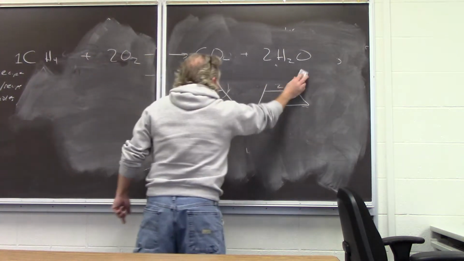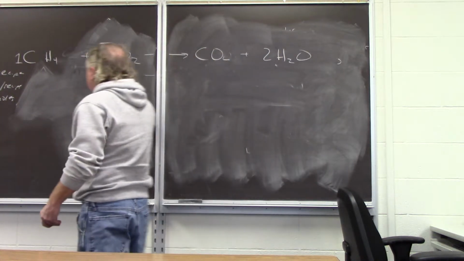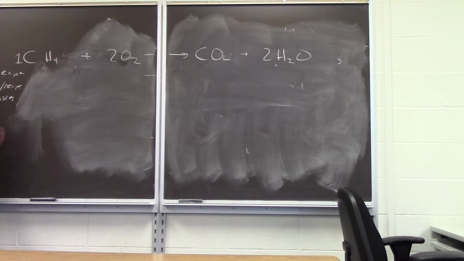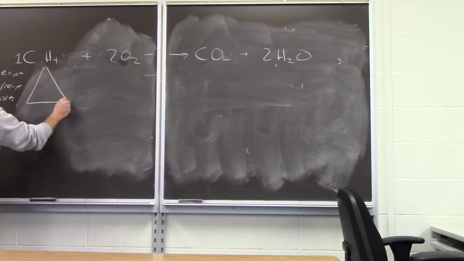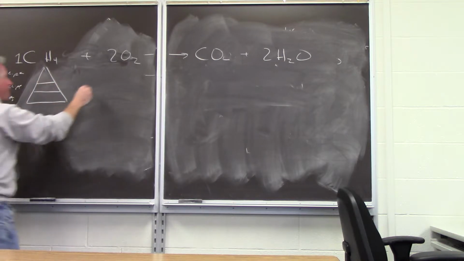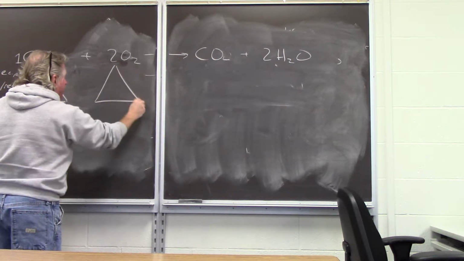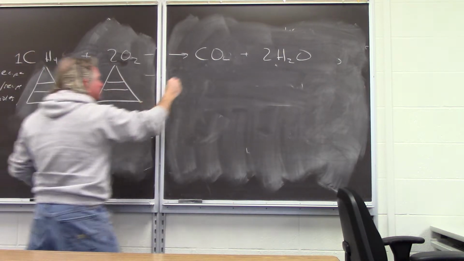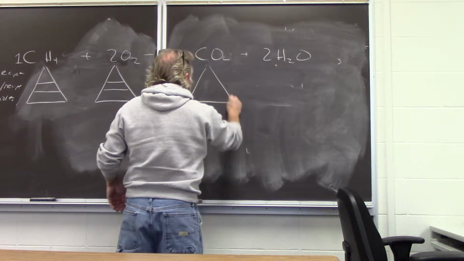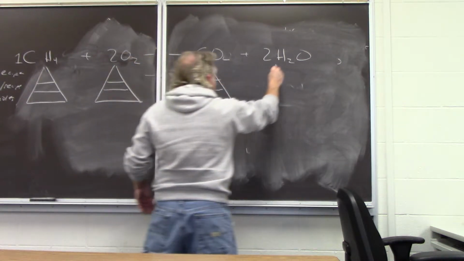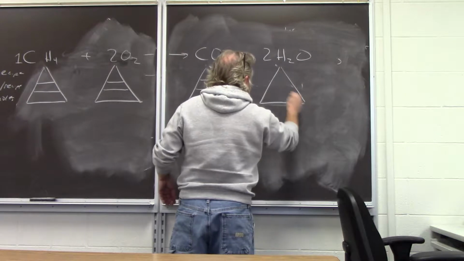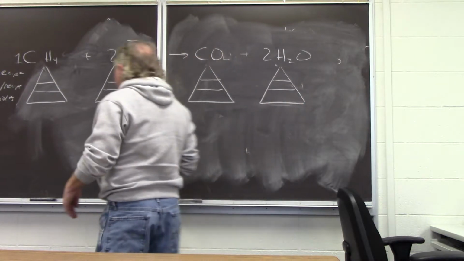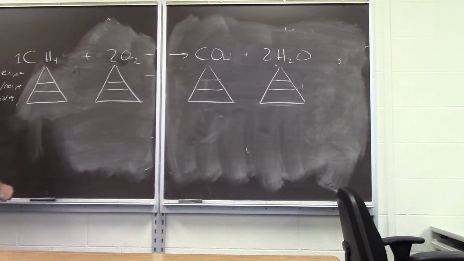Next, I'm going to combine this with molar mass. I call these the recipe triangles. The recipe triangle is where you're grouping in the recipes.